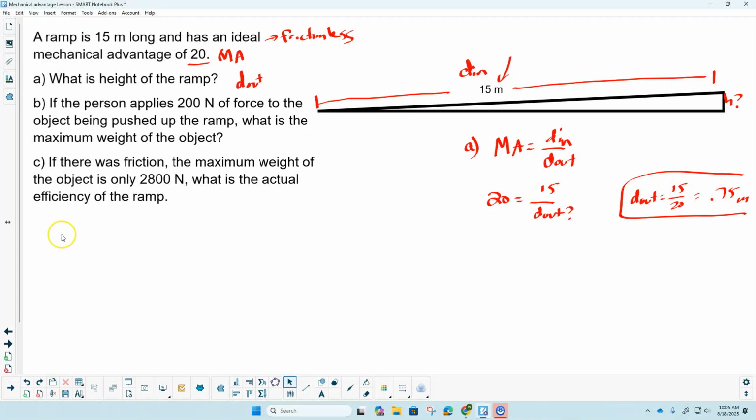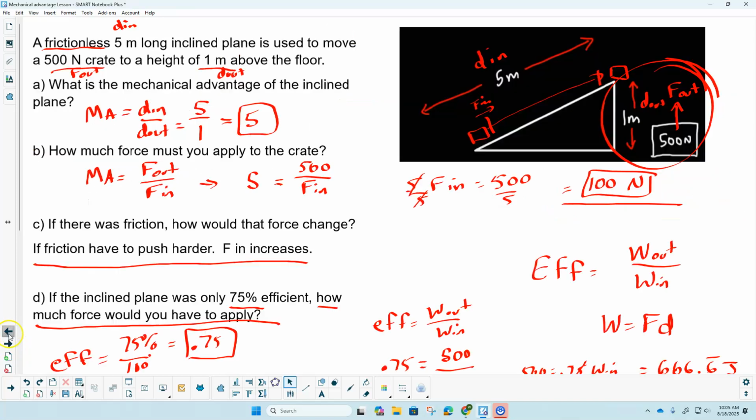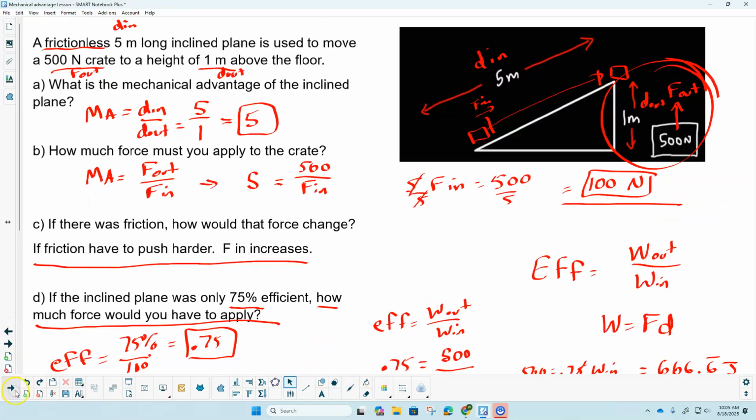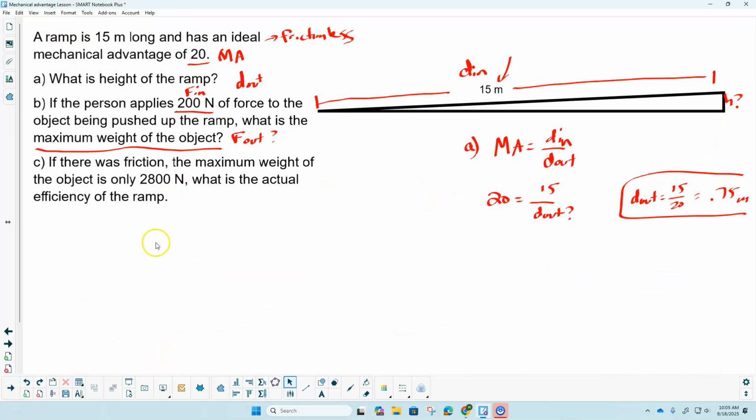So for part B, it says if the person applies 200 newtons of force to the object being pushed up the ramp, what is the maximum weight of an object that we can lift? This is our force in, and we're looking for our force out. Going back to our equation, it's out over in for forces. I always give you the equation sheets, so you don't have to worry about memorizing this.